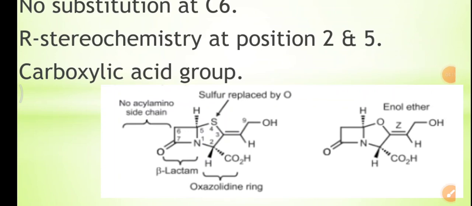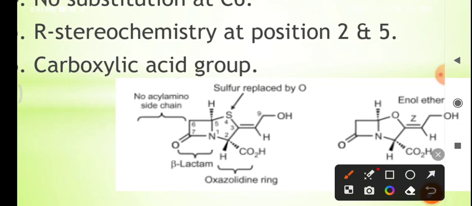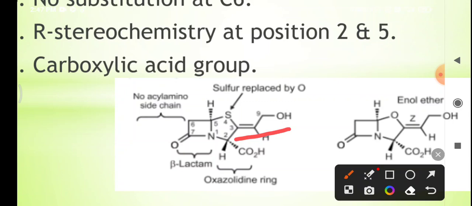So this is the alkene with the alkoxy substituent. This is the double bond and the R which is directly attached to the oxygen.